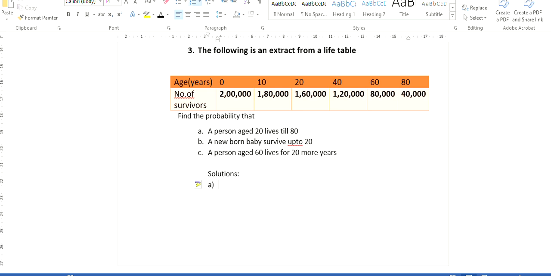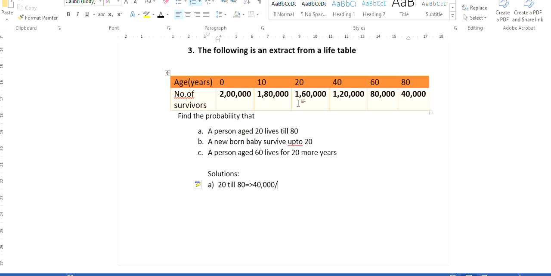Directly I am applying the formula here, but in the exam you have to write the formula; because of shortage of time I am doing this. What are the favorable outcomes? 20 lives till 80, that is how many times he lives? 40,000. So write 40,000 as favorable outcomes, divided by the total.